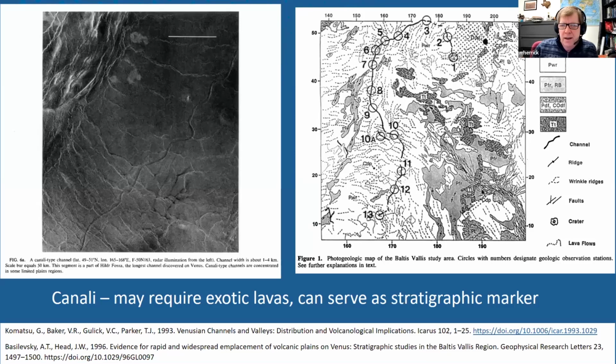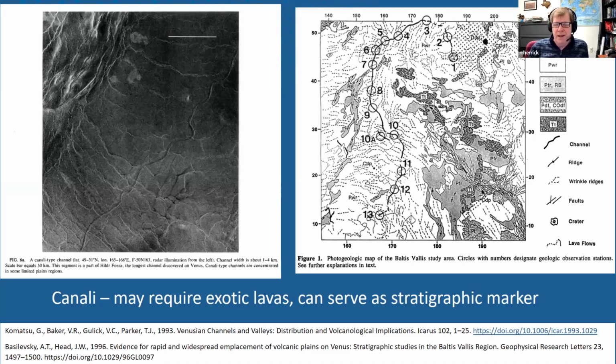All right, so getting into some of the even more unusual volcanic features on Venus, the canali here. There are some lava channels on the surface of Venus that extend for, some of them, a few thousand kilometers long, and these are useful in a couple of ways.